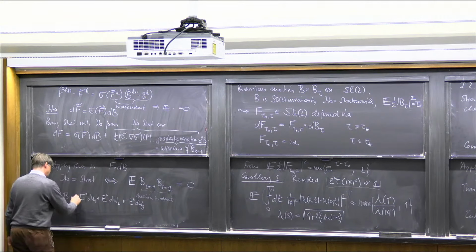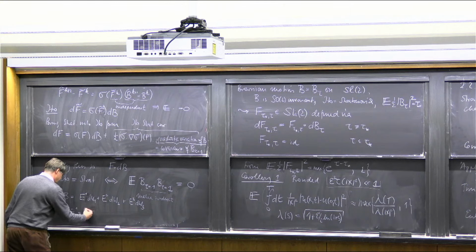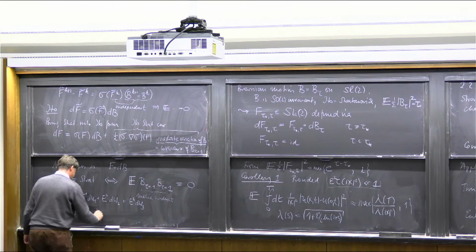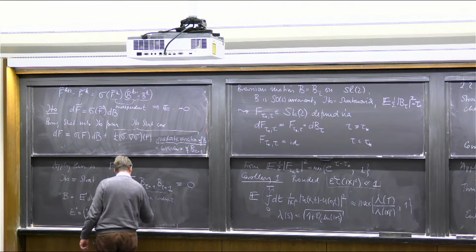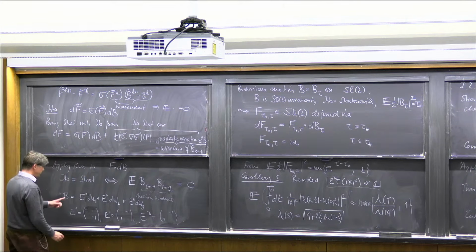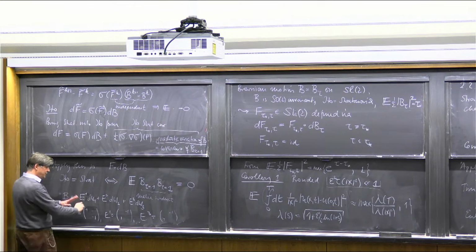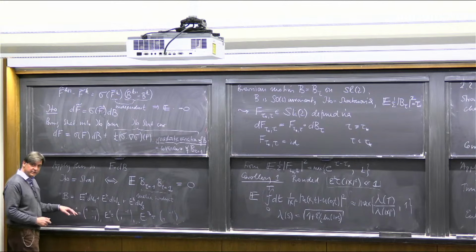In fact, these matrices E1 and E2 are a canonical basis of the symmetric trace-free matrices. And E3 is the basis of the trace-free antisymmetric ones, so rotation by 90 degrees. That would be a naive way of writing down a Brownian motion on SL2, because these three matrices span the three-dimensional space of SL2.